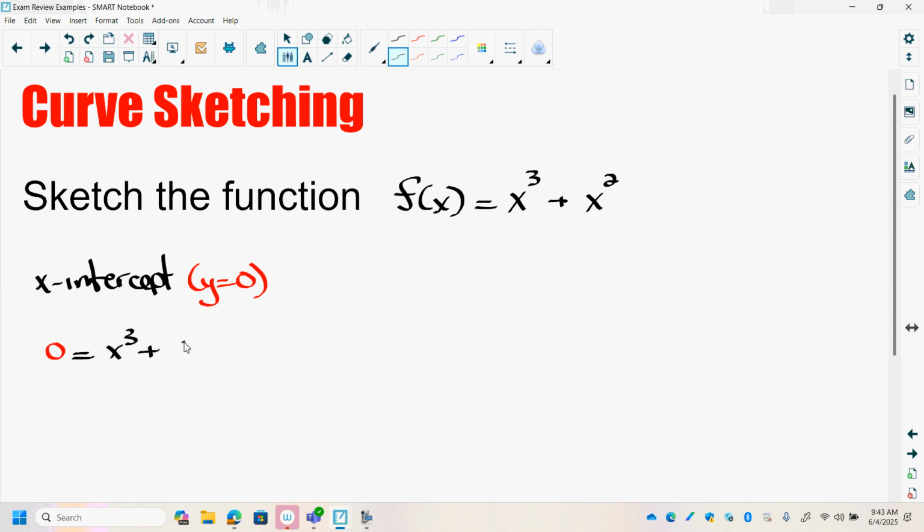We'll do a little factoring on the right-hand side. What could I take out of these two terms? X squared. It would leave x plus 1. Is that right?